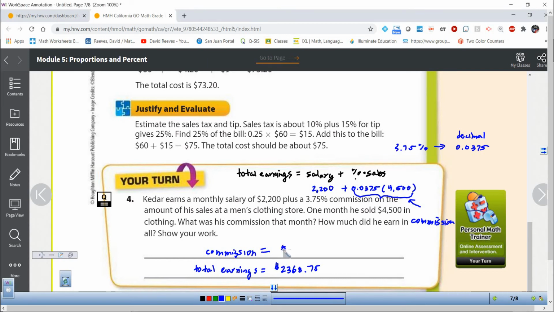That makes sense, because that's the amount that was added on to that 2,200. So this was his commission. That's how much he earned extra above his base salary.